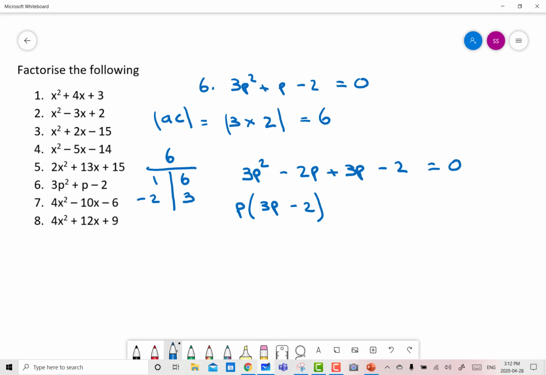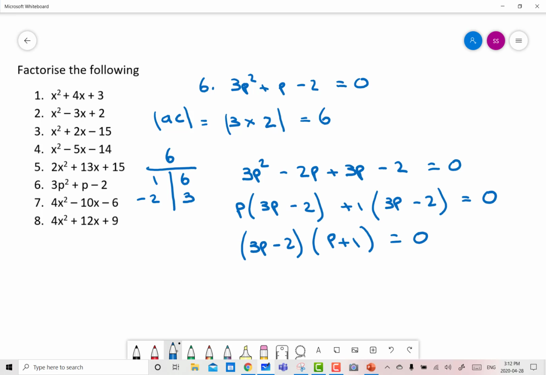But what we can do is that we could take out plus 1 as common. 3p divided by 1 is 3p, and minus 2 divided by 1 is minus 2. And in that way, our bracket, 3p minus 2, stays the same. So we'll take that out common, and then what's left is p plus 1.